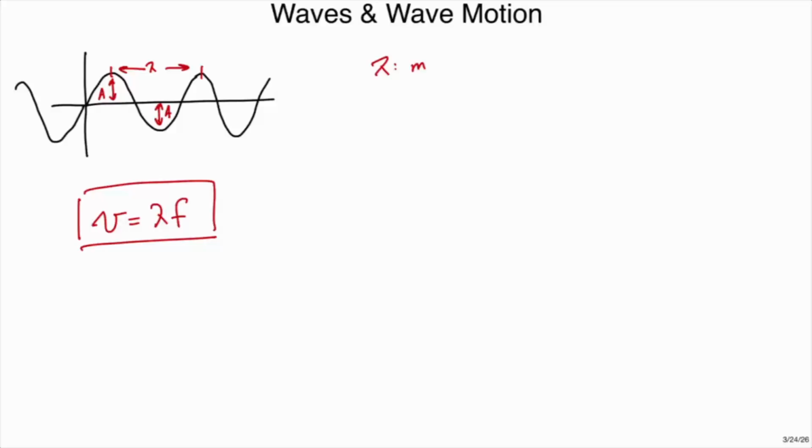So if you take a wavelength in meters and you multiply it by a hertz, which is inverse second, what unit do you get? Meters per second. So this is a velocity, right? This equation can lead you astray. It can make you think that velocity depends on wavelength and frequency when it doesn't. If you know the frequency and wavelength of a wave, you can find its velocity. That's not a problem. The equation is true in that sense.